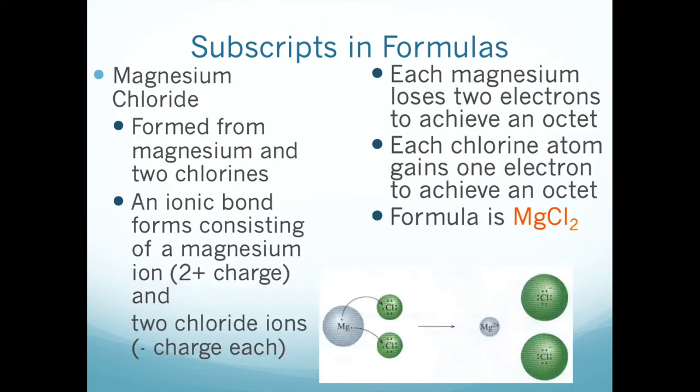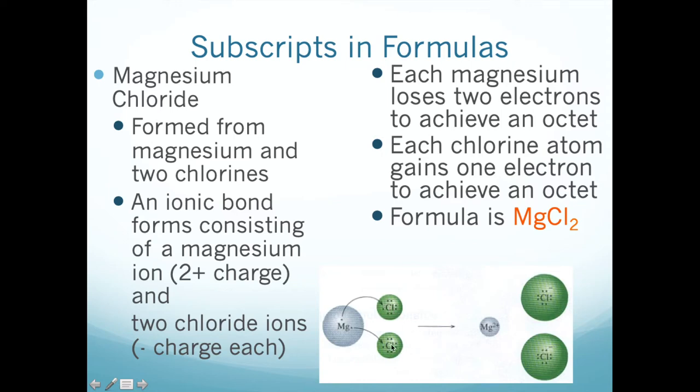So let's look at magnesium chloride. Now, magnesium, unlike sodium, has 2 valence electrons. It loses both those valence electrons to meet the octet rule, and it forms a 2+ ion in that process. In order to do that, it's got to give both those electrons away. So if we're pairing it up with chlorine to make chloride ions, each chlorine can only accept one of those 2 electrons.